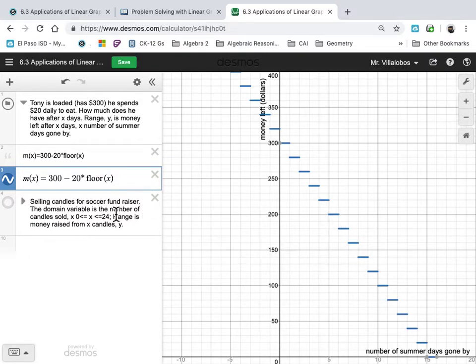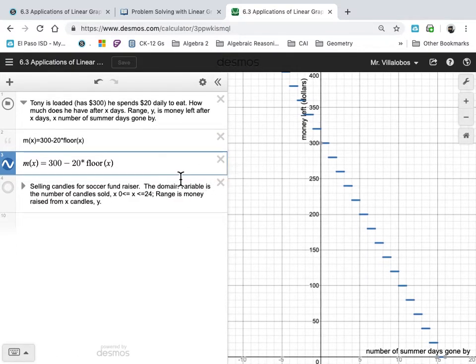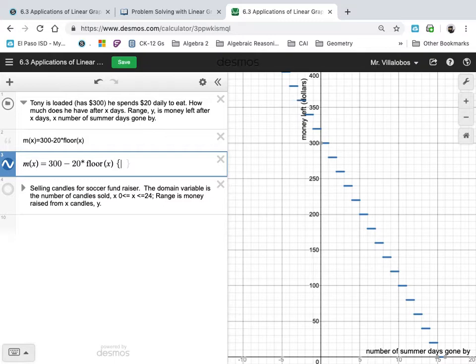All right. Similarly with the candles, maybe I should have done that differently. So I'm going to go back. I'm going to save this. And I think I'm happy with this model, except for one thing. Remember on the other things, this has to have a domain restriction from 0 to when he runs out of money. Wait a minute, X is the number of days.